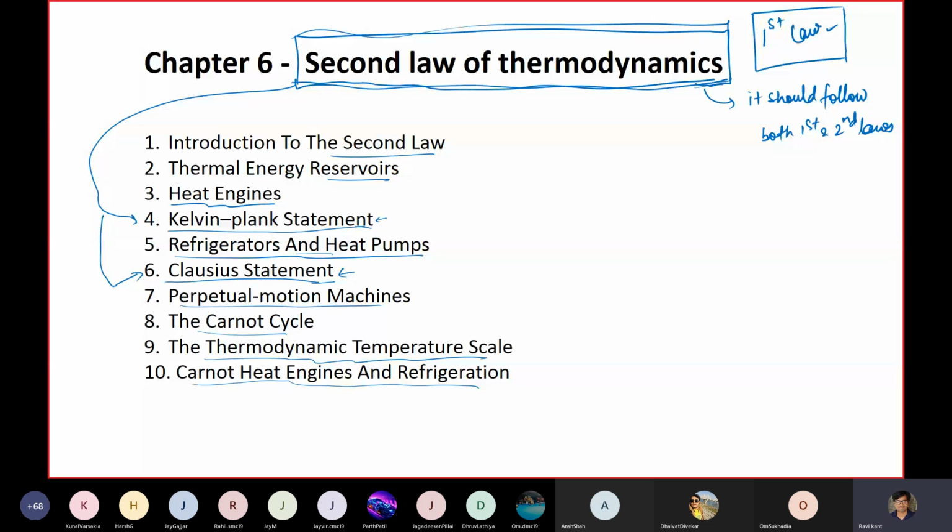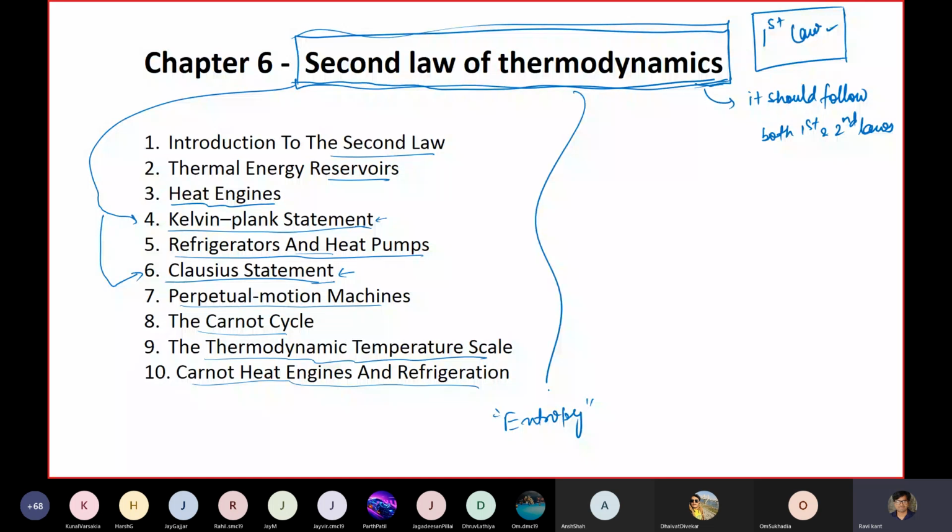After this chapter finishes, we'll talk about entropy, which is a new property that arises because of this second law of thermodynamics. We need to look into this property.